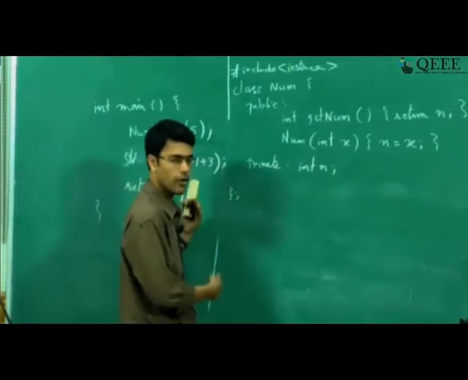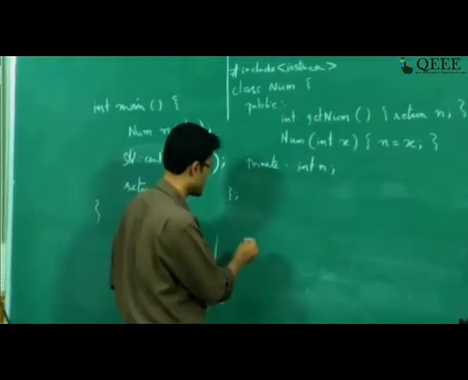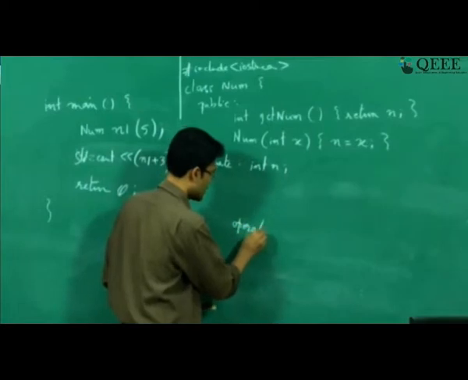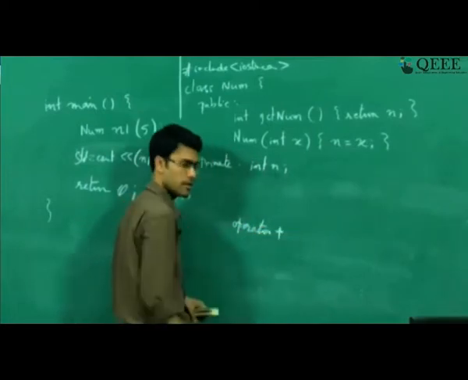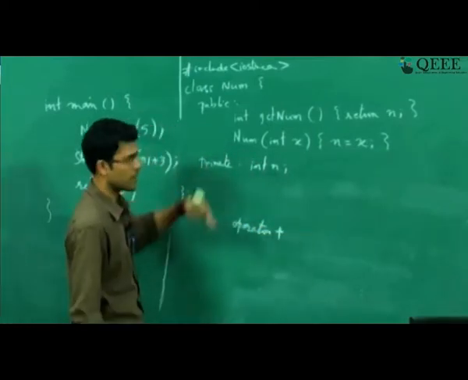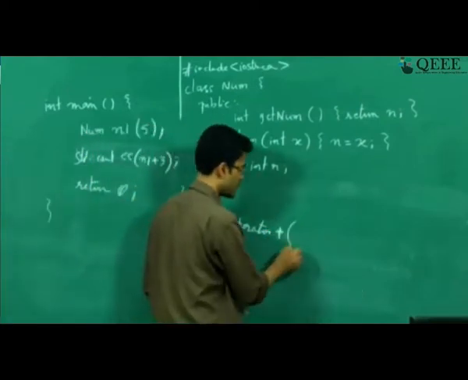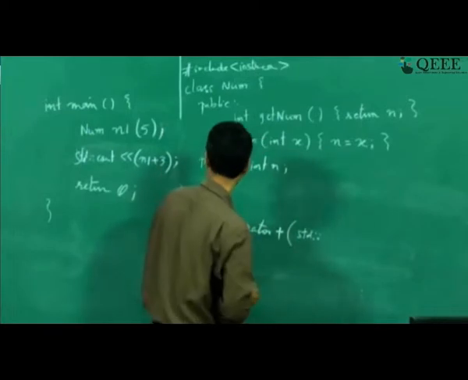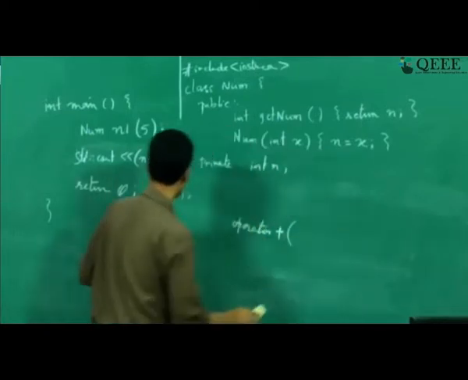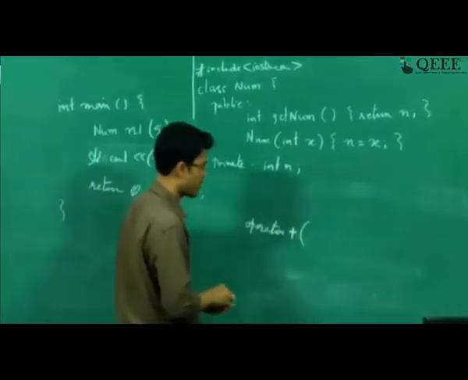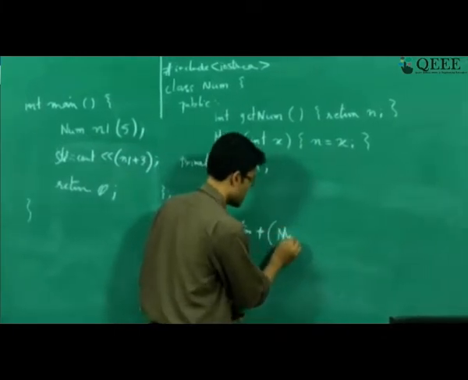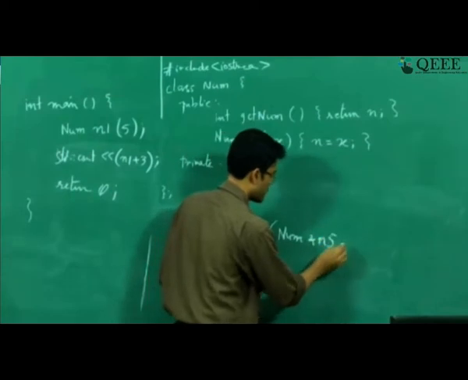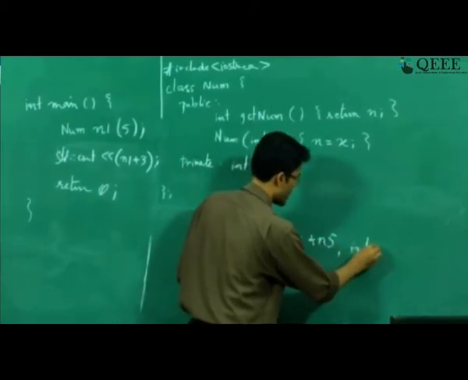So how are we going to implement this functionality is that I should have again an operator plus. Since it is outside the class, I am going to define it with two parameters, sorry, it takes Num and integer as parameters, so not the OStream, Num n5 and then integer x.